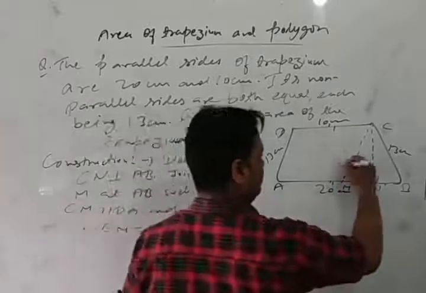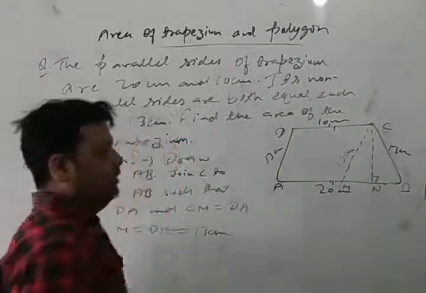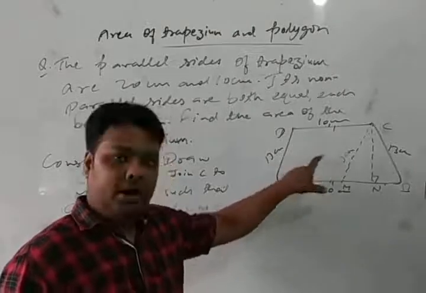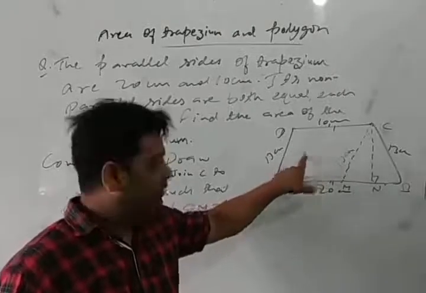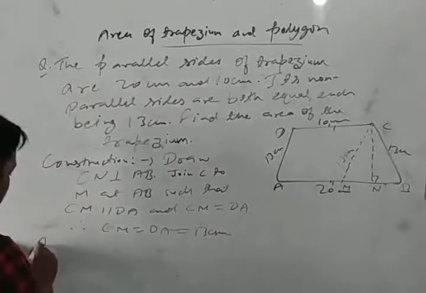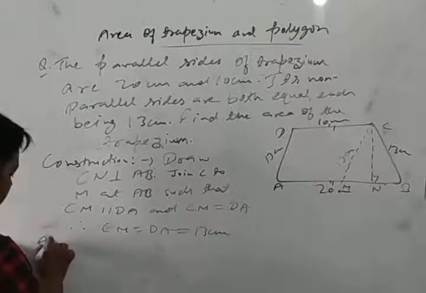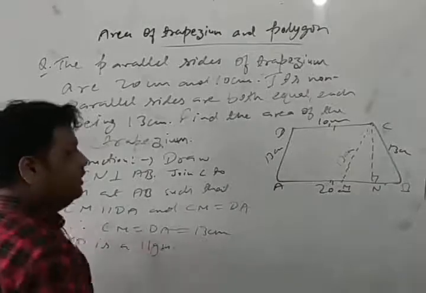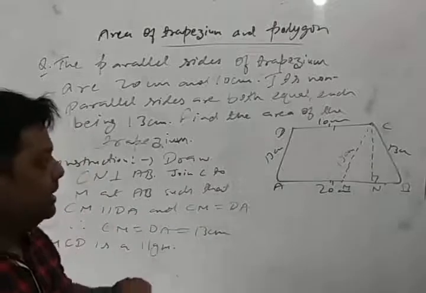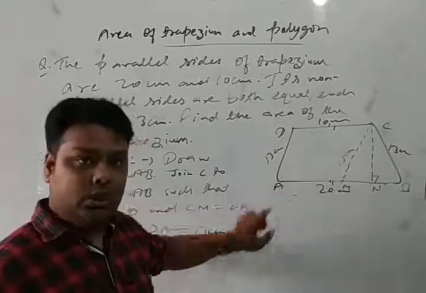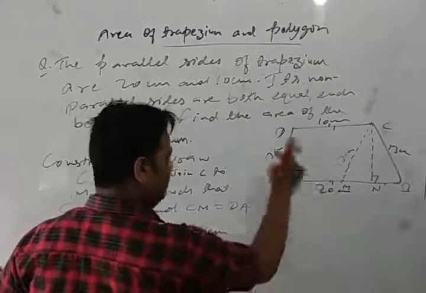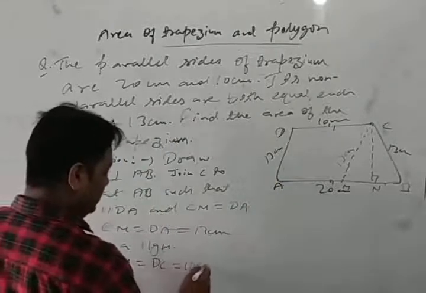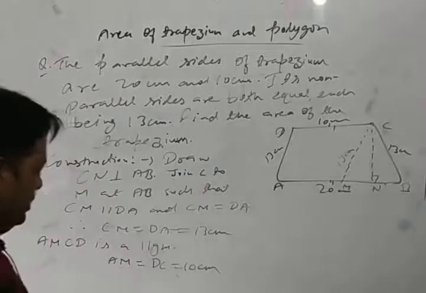If opposite sides are both equal and parallel, then it is a parallelogram. So AMCD is a parallelogram, and its other opposite sides are also equal and parallel. So we can say that AM is equal to DC, equal to 10 centimeters.